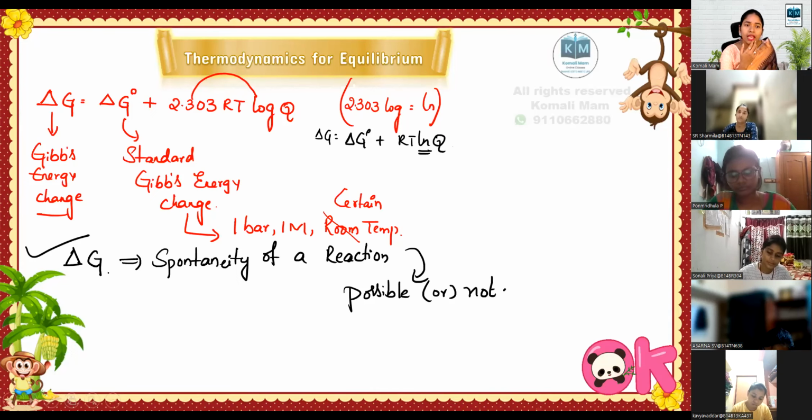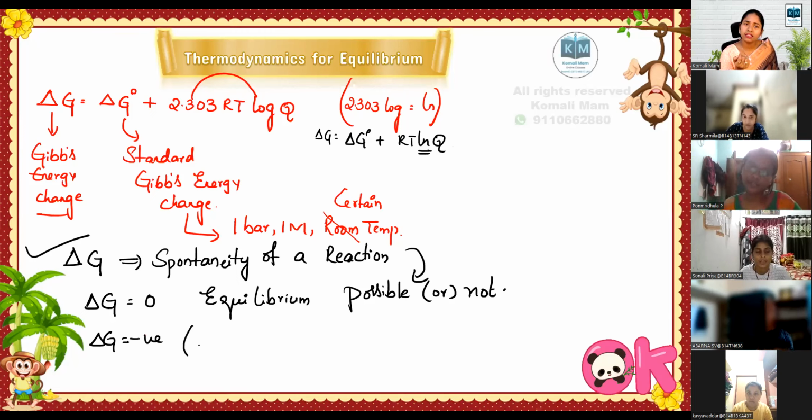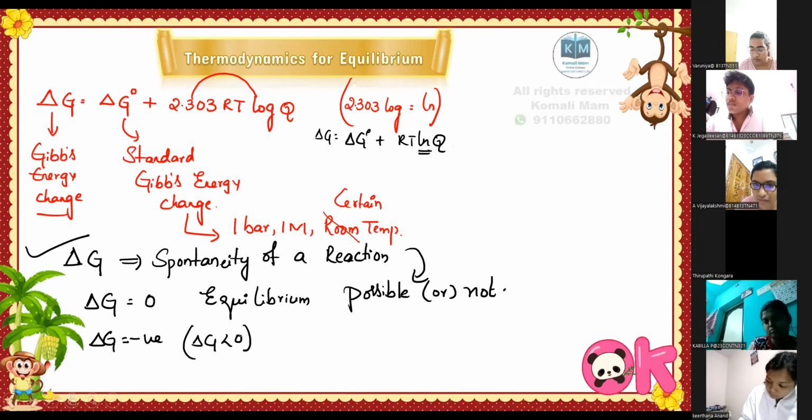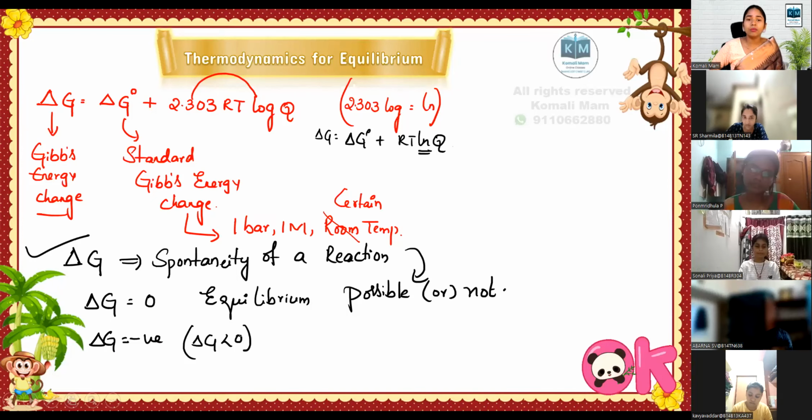If delta G is equal to 0, then the reaction is at equilibrium. If delta G is negative, meaning delta G less than 0, the numbers below 0 are -1, -2, -3. Delta G negative means it is a spontaneous reaction.